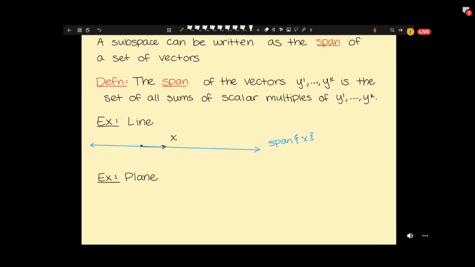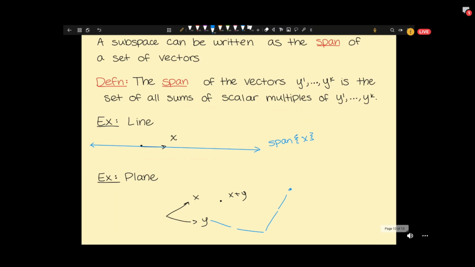And then for a plane, we'll write out two vectors. So we have x and y. And so a sum of scalar multiples, we could just do x and y. We know how to do this. So this point out here is probably x plus y, but we can also take different combinations too. So we could take 1, 2, 3.